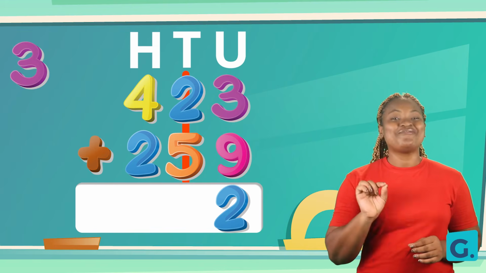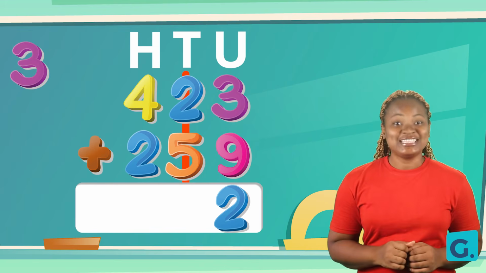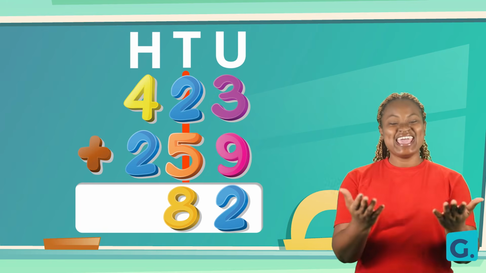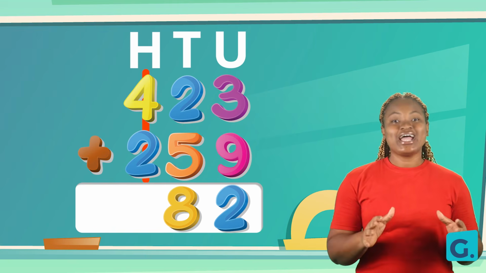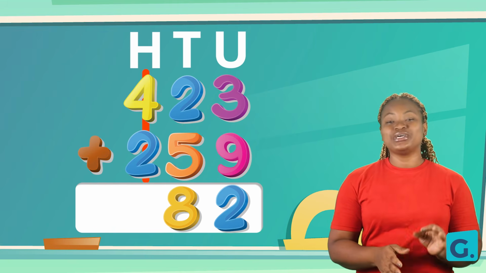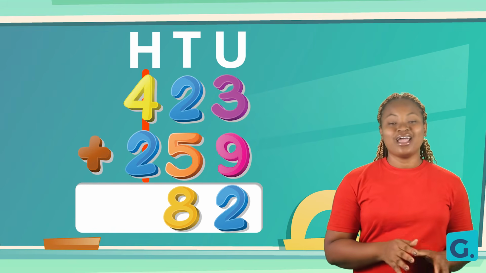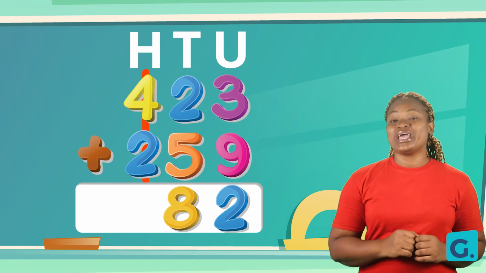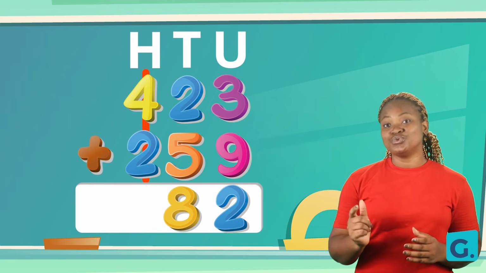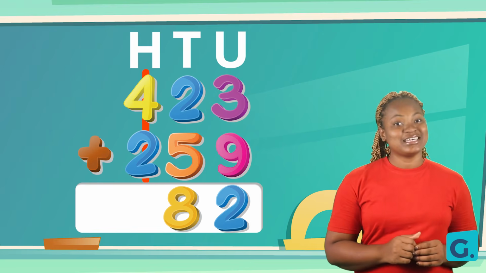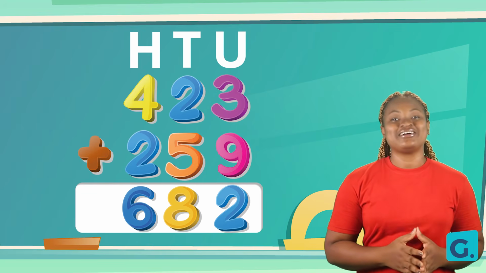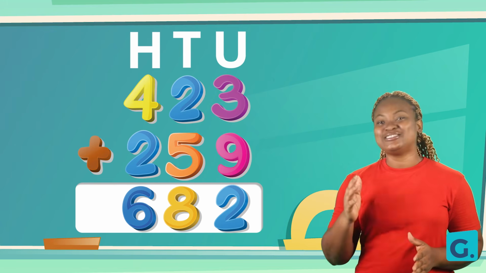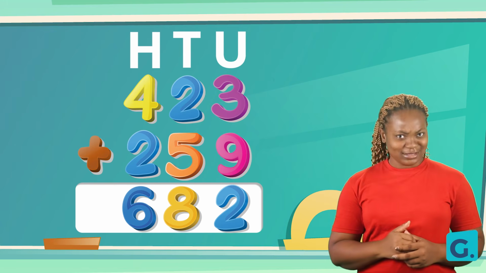If we are to add 5 to that number, that is going to give us 8. So we are going to put our 8 down. Finally, it's time to add up the hundreds place. Under the hundreds place, we have 4 plus 2. And that is going to give us 6. So our final answer is 682. Did you get that right?